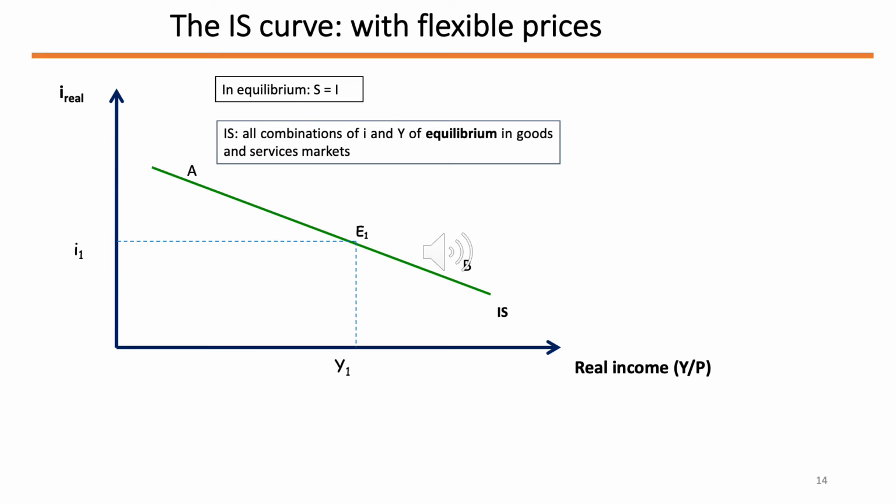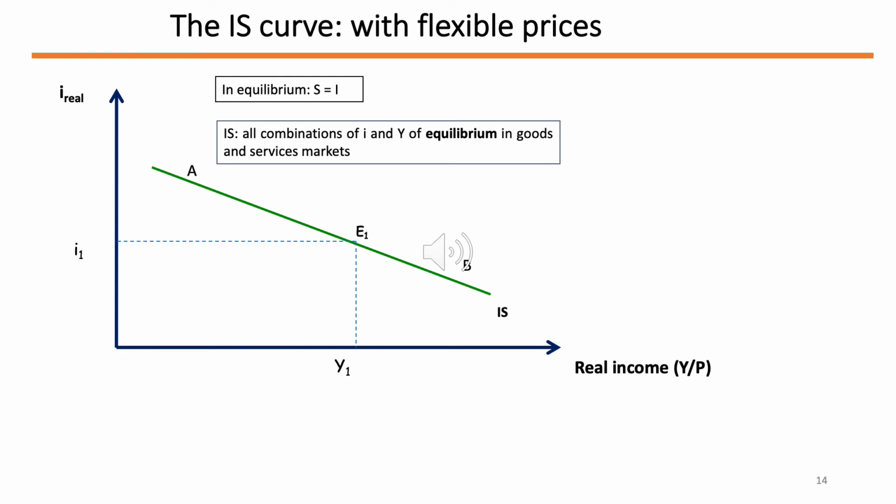If we connect those two points that I was referring to before, points A and B, in a single line, we reach the IS line, which is a declining line with the level of real interest rates. So the lower borrowing costs are, the greater spending will be, and real income in the economy, which is here represented by Y for nominal income over P for the price level.